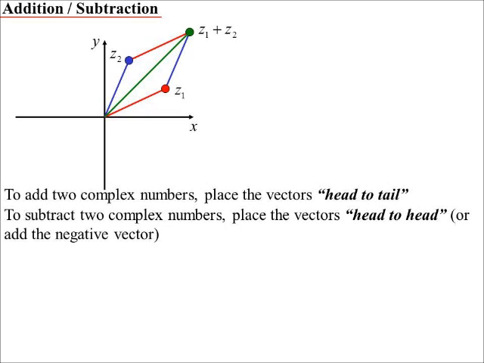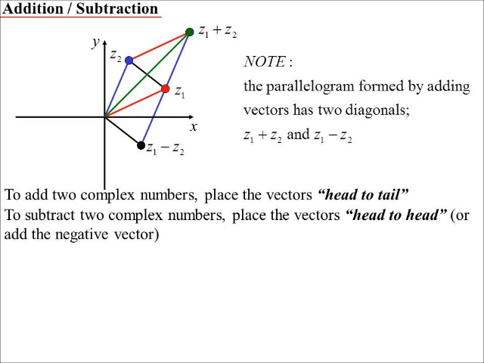If I slide the blue one onto the red one, but instead put the head on the head, I'd end up down here at Z1 minus Z2, which would be that black vector there. If I slide that black vector, you'll notice it fits nicely between those two, so it is in fact the same vector. So again, whenever you want to work out what the vector is representing, head minus tail, and that'll tell you what it's representing.